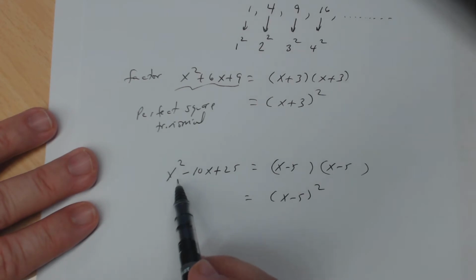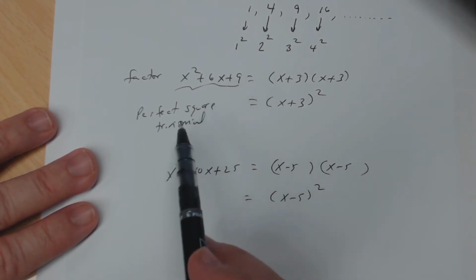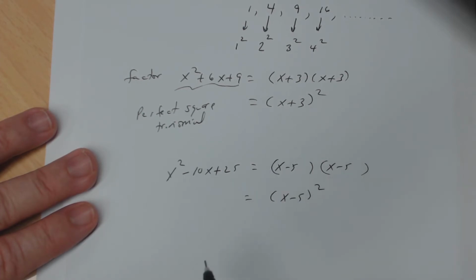So I wrote x squared minus 10x plus 25 as something squared, a binomial squared. So this is called a perfect square trinomial because I can write it as a square of a binomial.